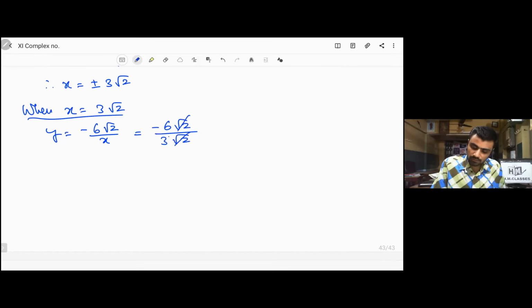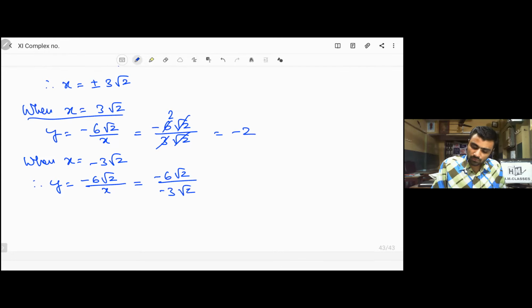Root 2 cancel. 3 2s are 6. Therefore, this is minus 2. When x is equals to minus 3 root 2, therefore y is equals to minus 6 root 2 upon x, which is going to be minus 6 root 2 upon minus 3 root 2. Root 2 cancel. Minus minus cancel. 3 2s are 6. So this is going to be plus 2.